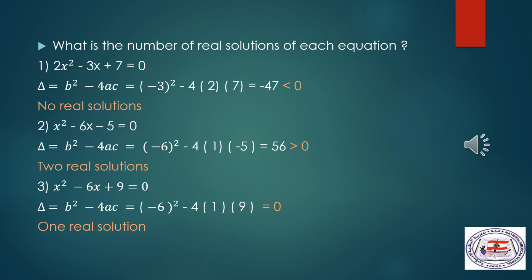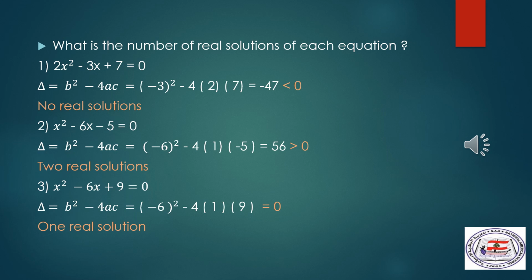Let's see now how we can determine the number of real solutions without solving the equation. Example 1, if the equation is 2x squared minus 3x plus 7 equal to 0, then by calculating the discriminant delta, we get the value negative 47, so it's smaller than 0, so no real solution, and we can say that the curve does not cut the x-axis.